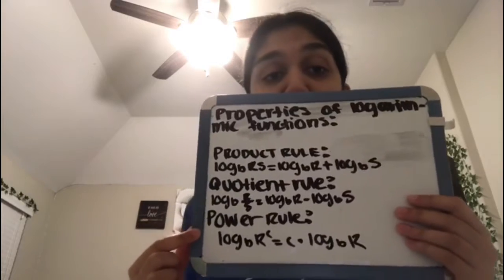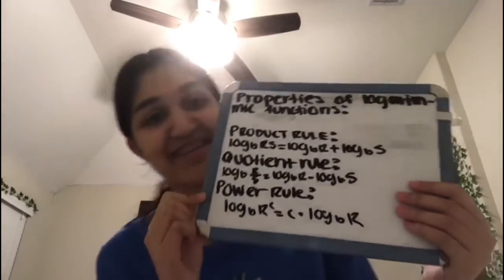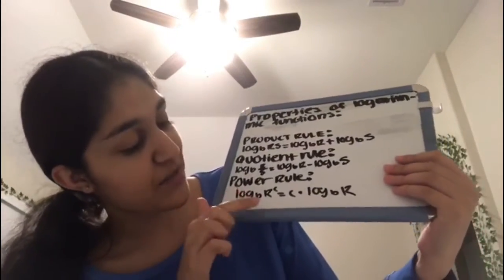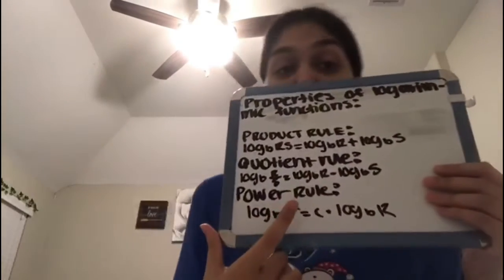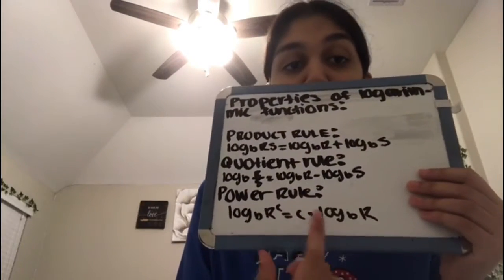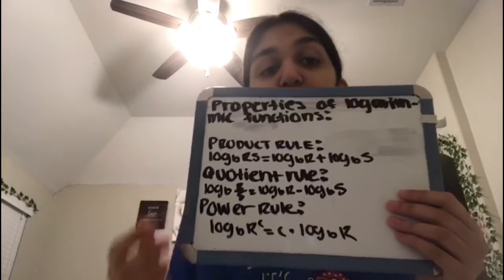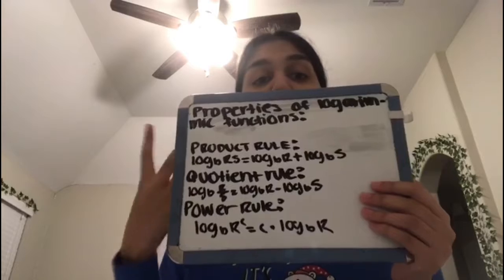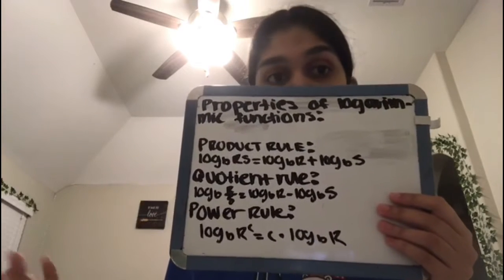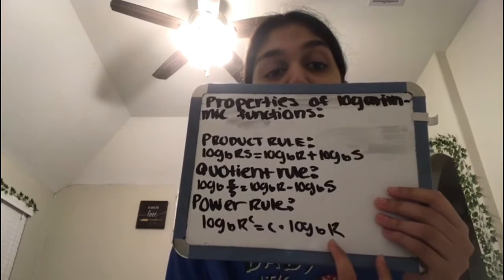Now the power rule. The power rule is very common. It's log base b of r with an exponent of c equals c times log base b of r. Now this might be confusing since some people don't know at first how to understand where it's going, but this will help you solve the equation.